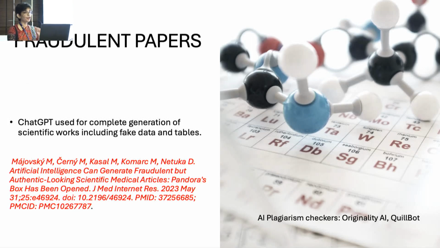Besides creating fake tables or abstracts, it can also be used to generate fake papers. So much so that ChatGPT, especially its version 3, was used by Majovsky to prove this point. They created a completely false paper using some prompts, and that required nearly only 1 hour by a person who was not even trained in the use of ChatGPT.